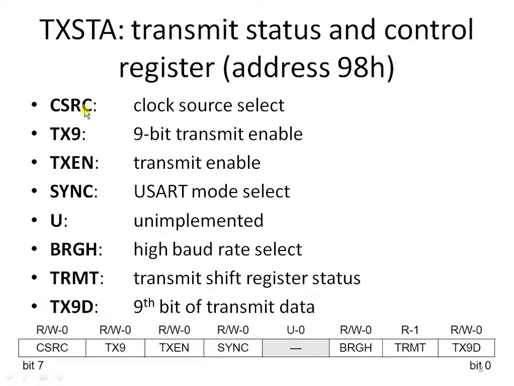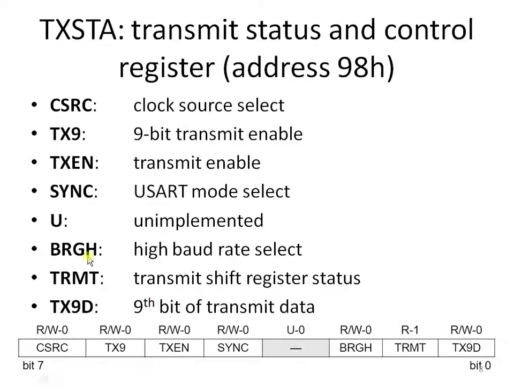So CSRC for selecting the device either to act as master or slave, and TX9 for enabling the 9-bit data transmission or else 8-bit data transmission, and TXEN for enabling the transmitter block of UART. And then you have SYNC. If you make it 1, then it means you are using synchronous communication. If you make it 0, then it means you are using asynchronous communication.